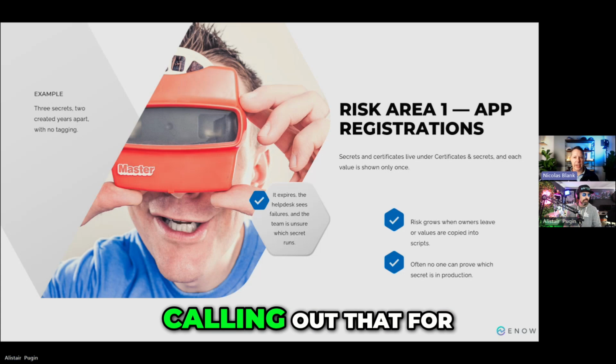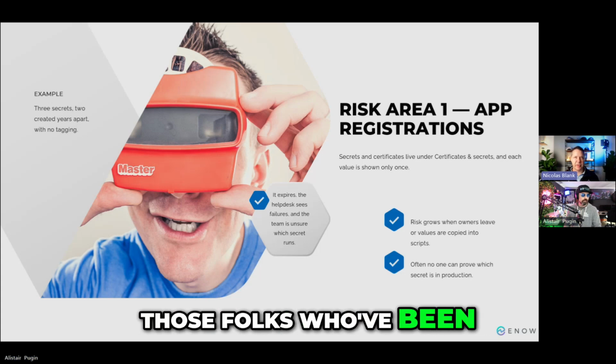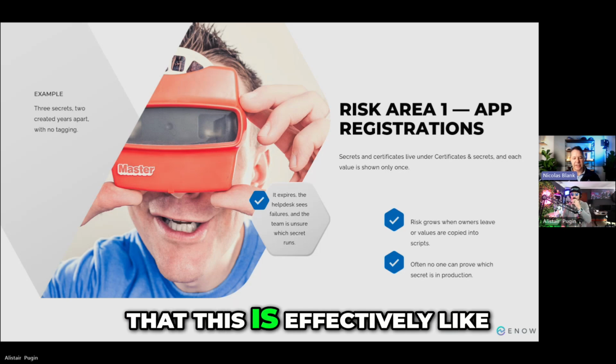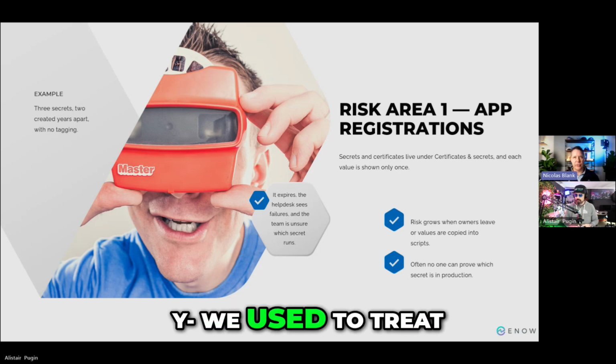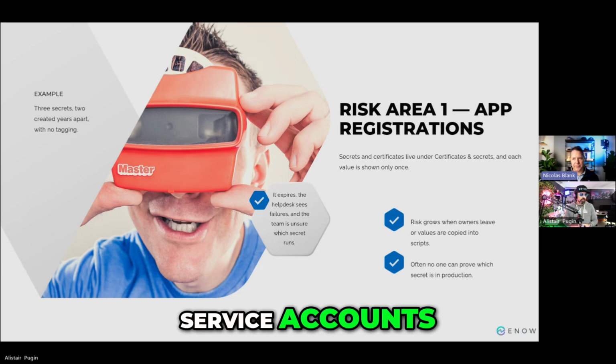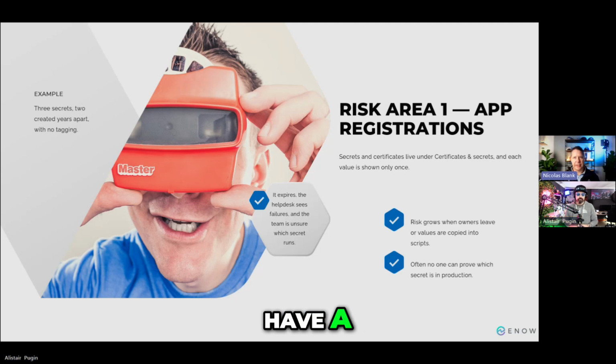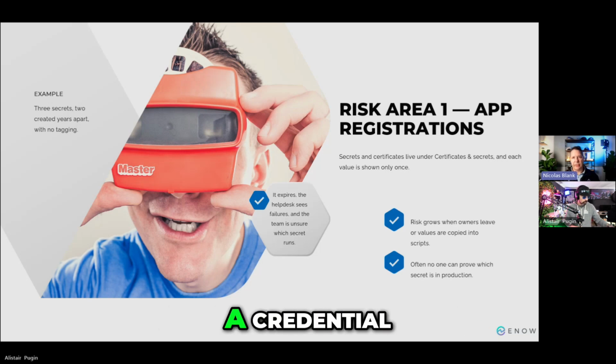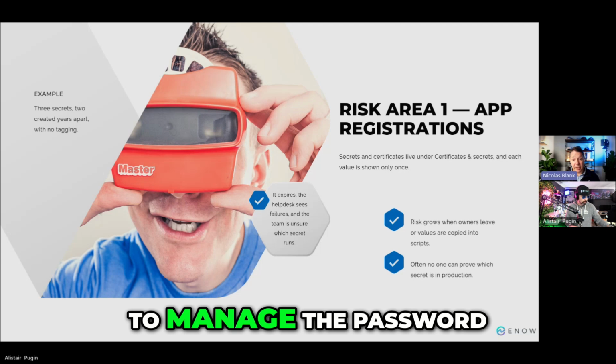Is it worth calling out, for those folks who've been around for a while and think about Active Directory analogs, that this is effectively like how we used to treat service accounts? We used to have something that we would log in with, like a backup account, that would have a credential, a password, and then we'd have to manage the password.